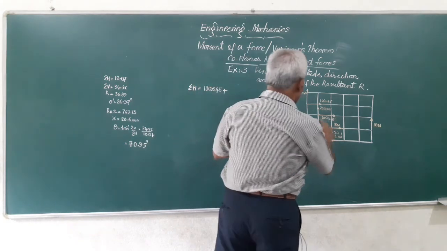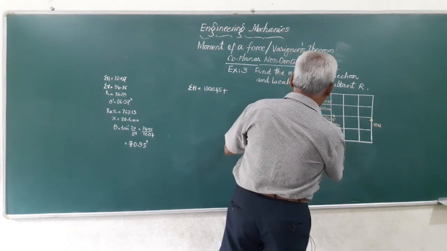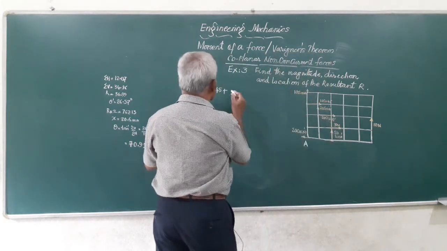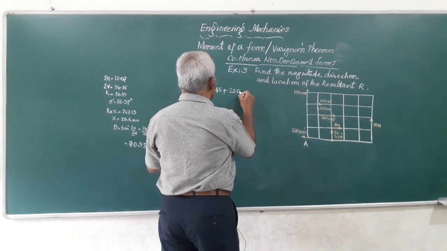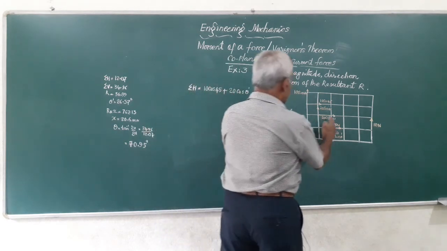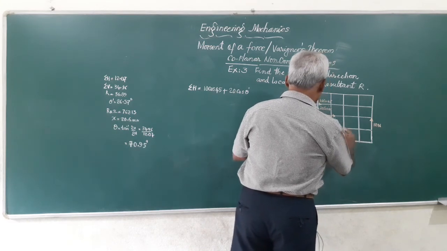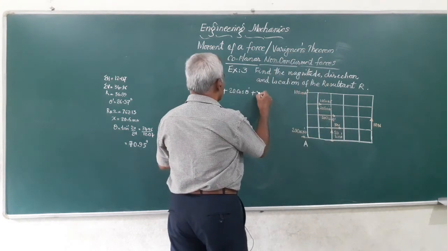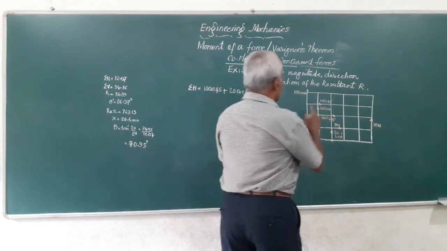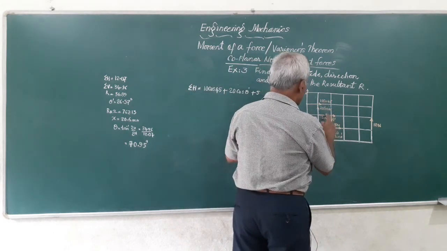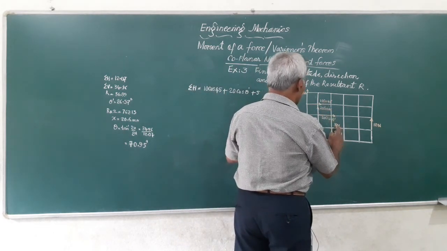10 cos 45 plus 20 cos theta dash, the second force, plus 5 Newton here, plus 5 Newton. So this is the first, the second, and this is the third we have got.